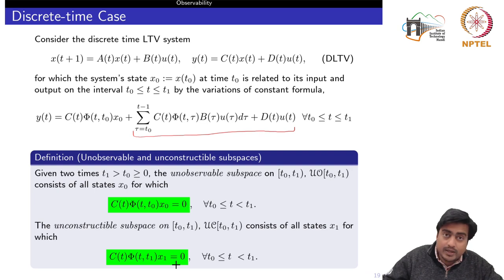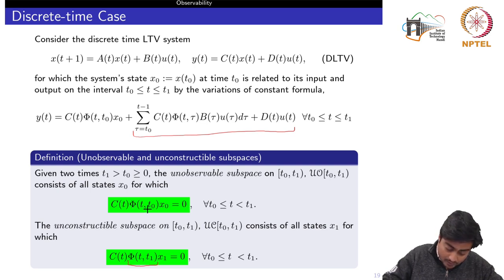But in the discrete time domain we had seen some limitations, and this limitation arises because if you pay attention to this state transition matrix, phi t comma t1, where t is from t0 to t1, it means that I need to compute this state transition matrix backward in time.